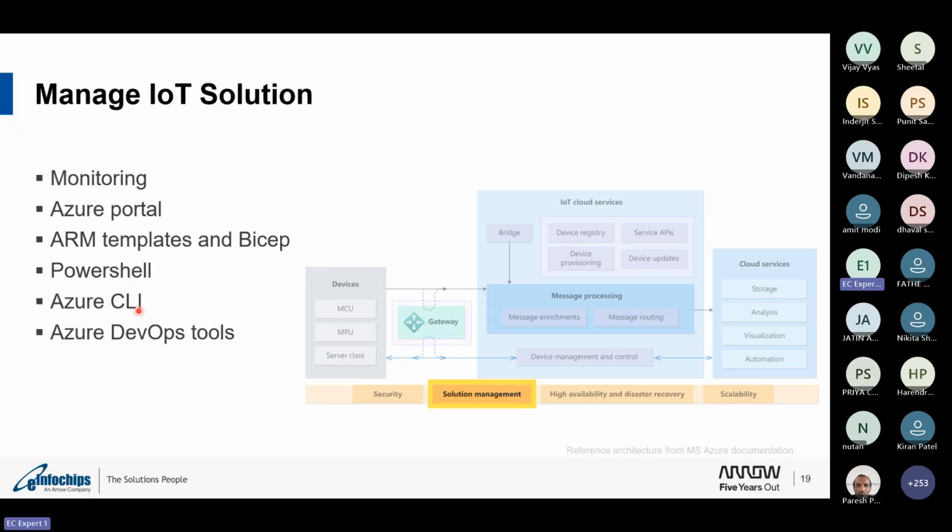Microsoft provides Azure CLI, which is a command line interface, and PowerShell, which can help you to manage your IoT solution through backend command line tools. These are very important because when you deploy your IoT solution in Azure, you should also be able to manage it through a very light interface like the command line. And then Azure DevOps is a tool set through which you can implement a CI/CD pipeline.